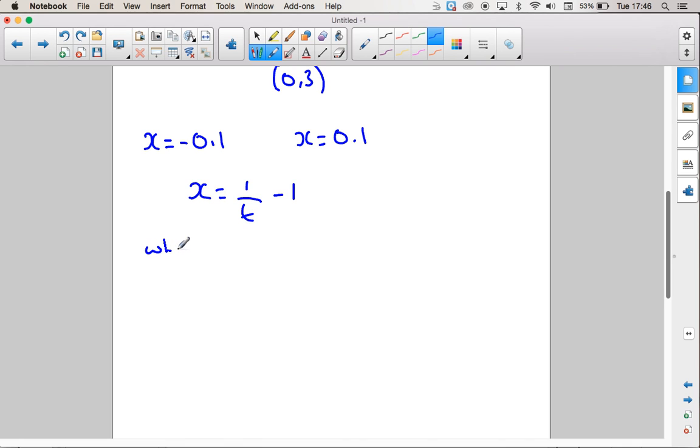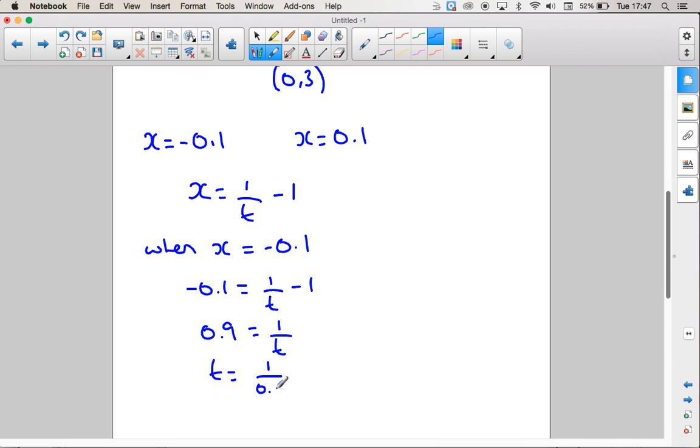So when x equals negative 0.1, that's going to give me 0.9 equals 1 over t. So t is going to equal 1 over 0.9, which is the same as 10 over 9.